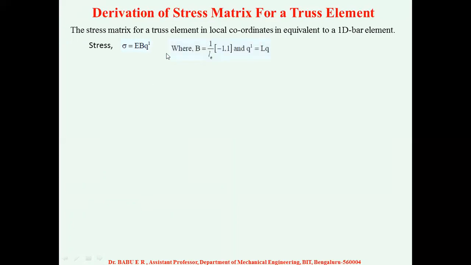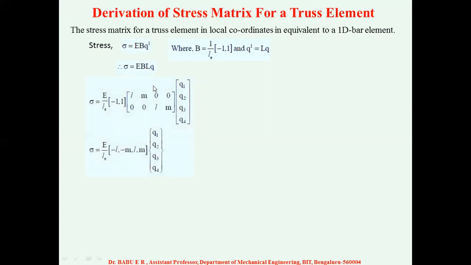The value of B, the strain displacement matrix, is treated as a 1D bar element, given as 1 by Le, minus 1, 1, and Q dash is nothing but L into Q. Therefore, stress equals EBLQ.